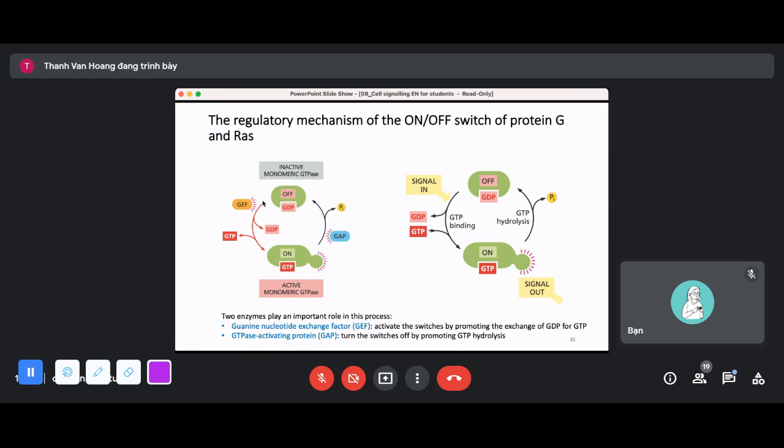So you see, there are two important enzymes that play a role here. The GEF is responsible for activating RAS, and GAP hydrolyzes GTP into GDP, making RAS inactive again. Do you have questions here?